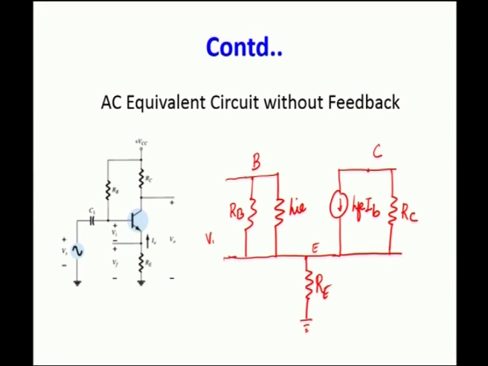This is Vi. So, Zi you have to consider from here, it is Z0, and this is your V0. Okay. So, this is your AC equivalent circuit.